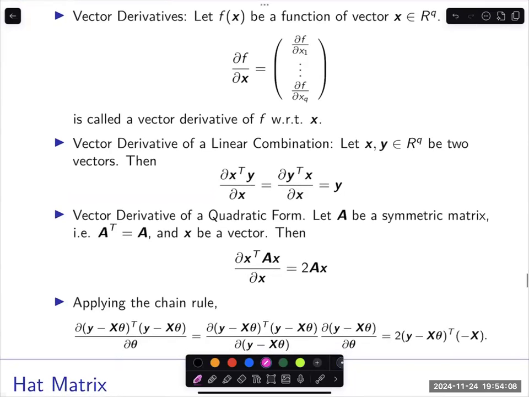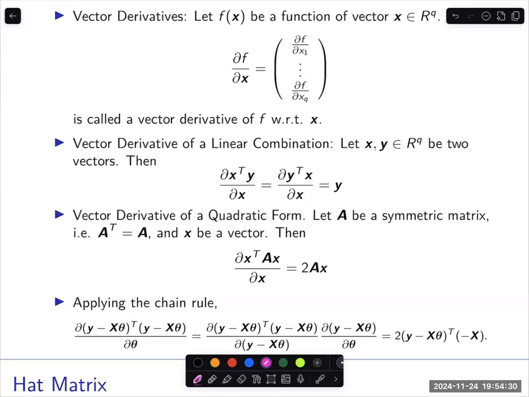And in the quadratic form, if we have A to be a symmetric matrix, then the partial derivative of x transpose AX with respect to x is equal to 2 times AX.